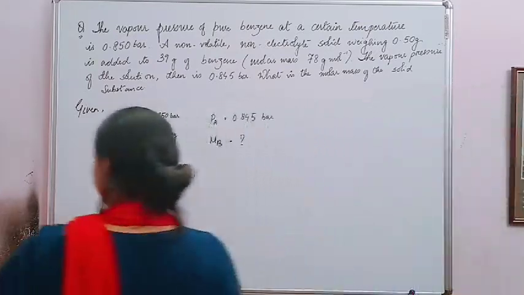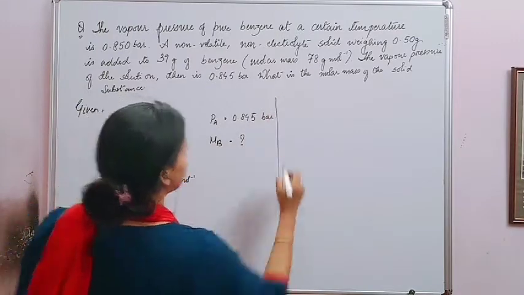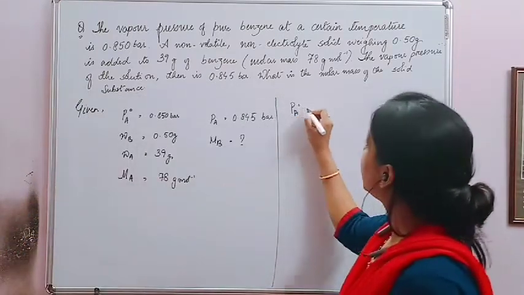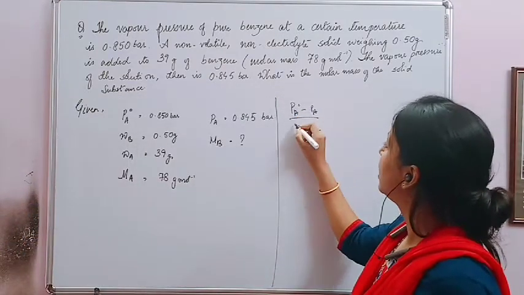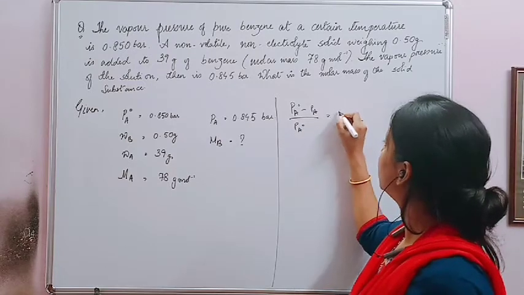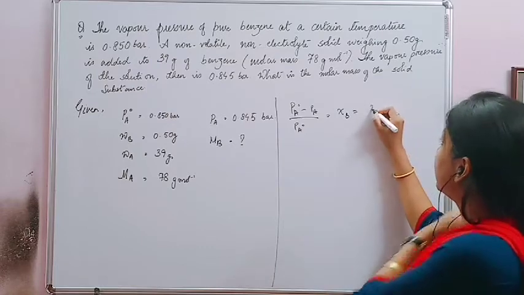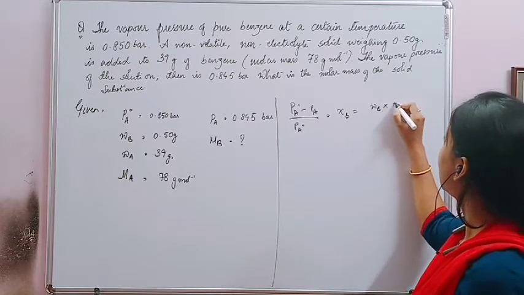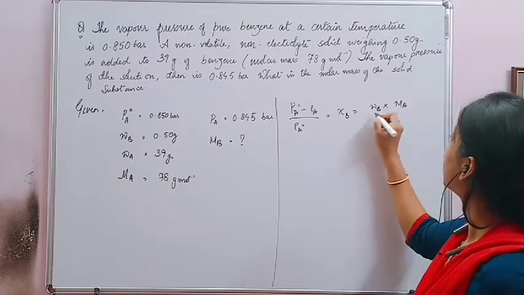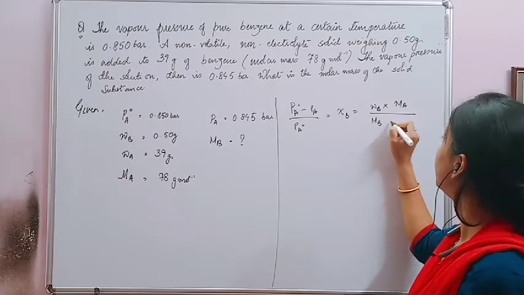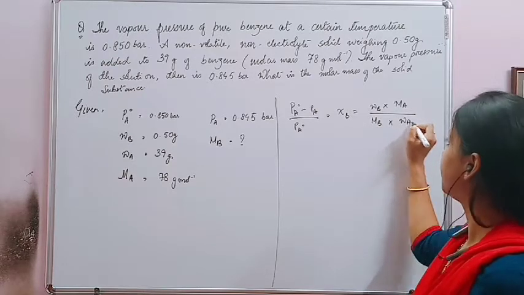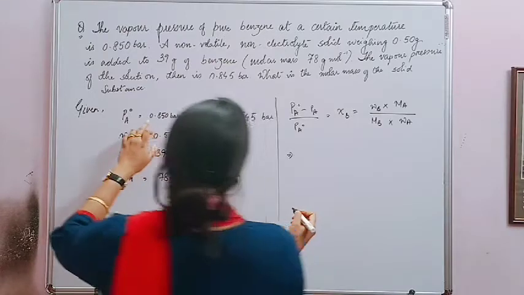Let's start. We'll start here only. So we have Pa naught minus Pa by Pa naught equals chi B. Now this chi B we had seen yesterday, we can write it as Wb into Ma divided by Mb into Wa. So let's put the values.